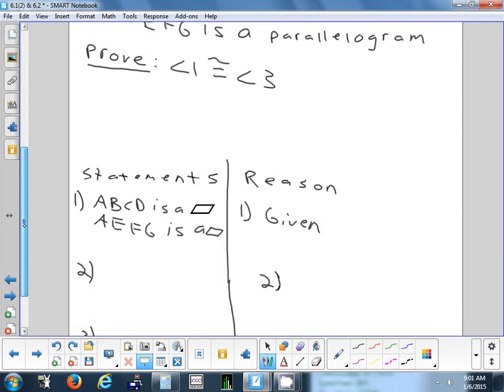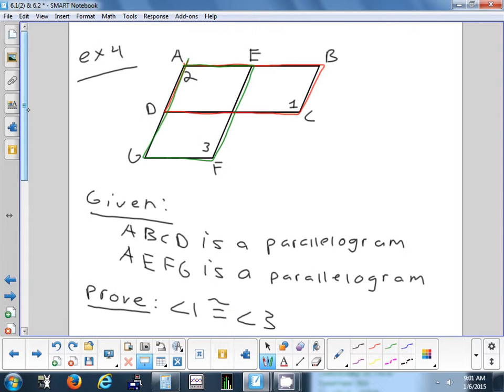Okay, let's go back up, see if we can figure out step 2. I've seen another way of doing it, but it's multiple steps. Anybody tell me anything about the angles that are labeled there? Like say angle 1 and angle 2, or angle 2 and angle 3. How do you know angle 1 and 2 are the same?